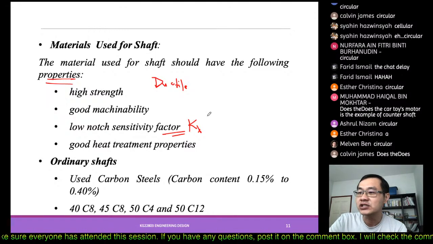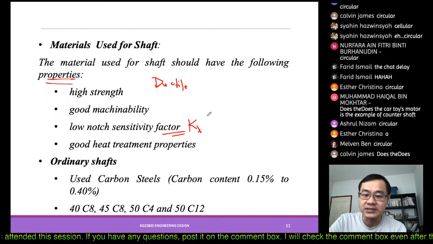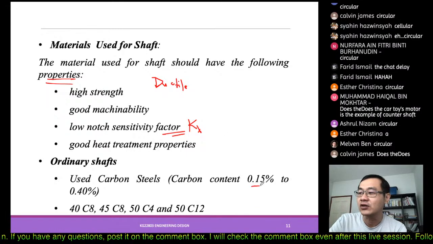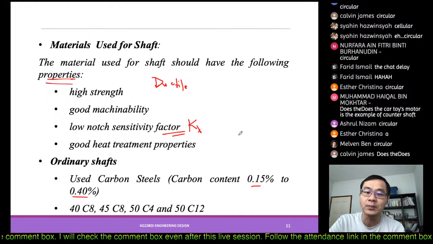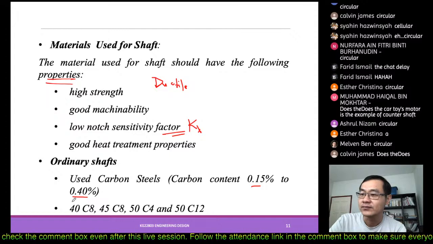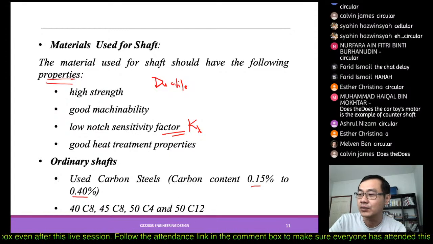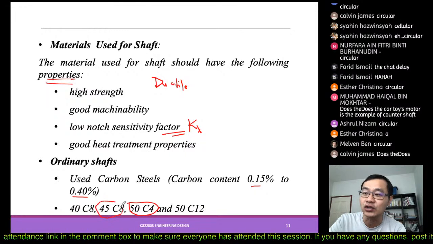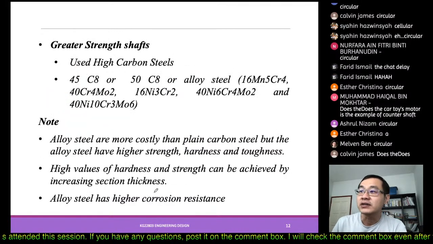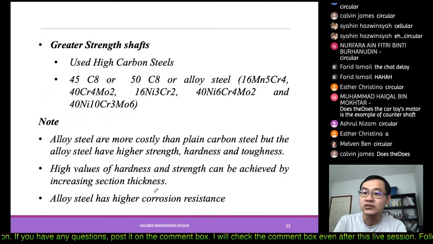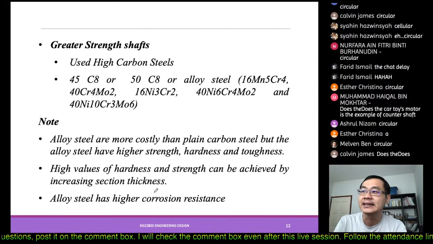So for an ordinary shaft, we will use the carbon steel type that has a carbon content between 0.15 to 0.4%, right? So this is the composition. For example, this one is the code for the ordinary carbon steel materials, right? For a greater strength shaft, we will use a high carbon steel.